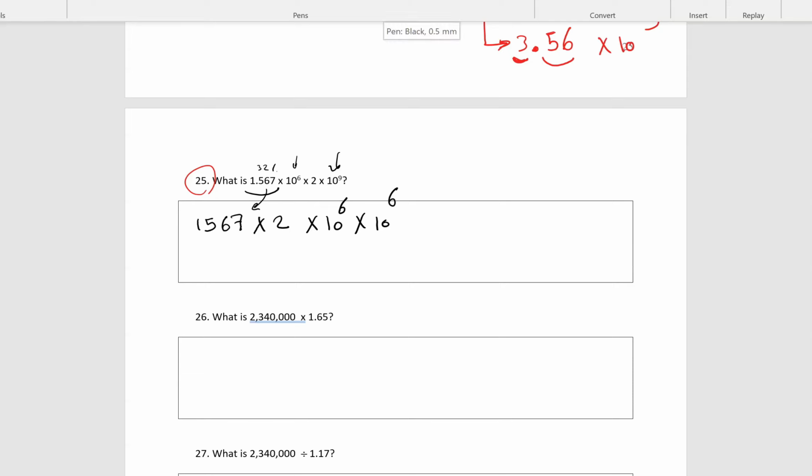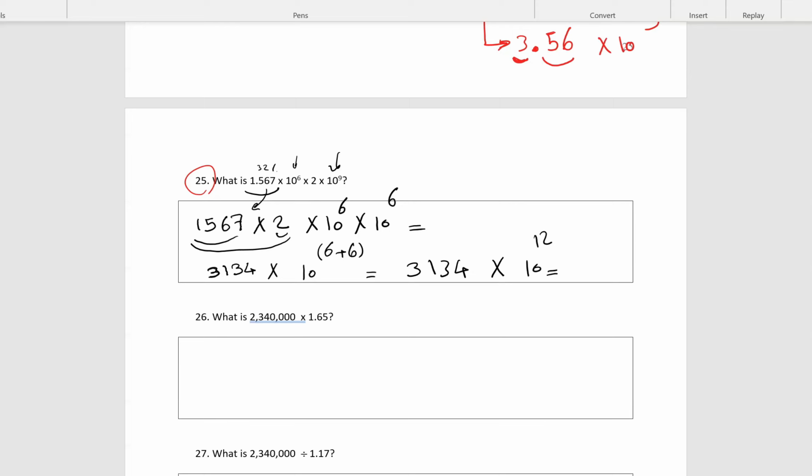And then this number times 2 is equal to 3134 times 10 to the power of 6 plus 6. It's 3134 times 10 to the power of 12.